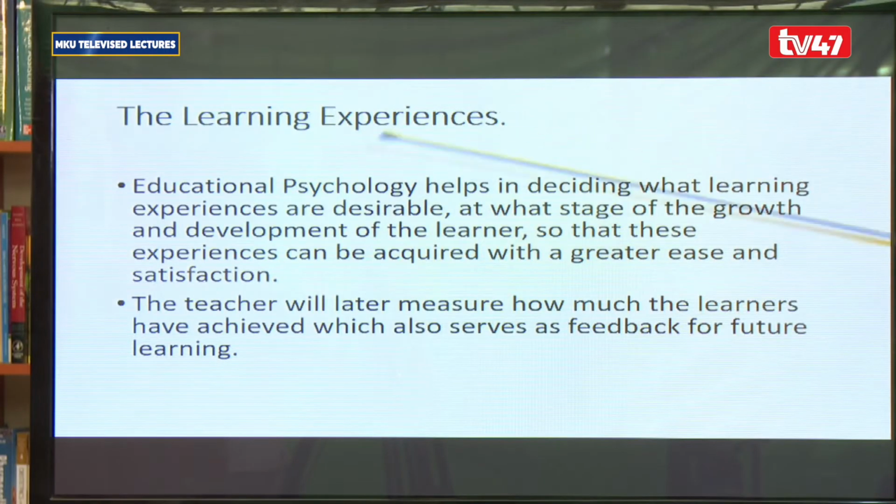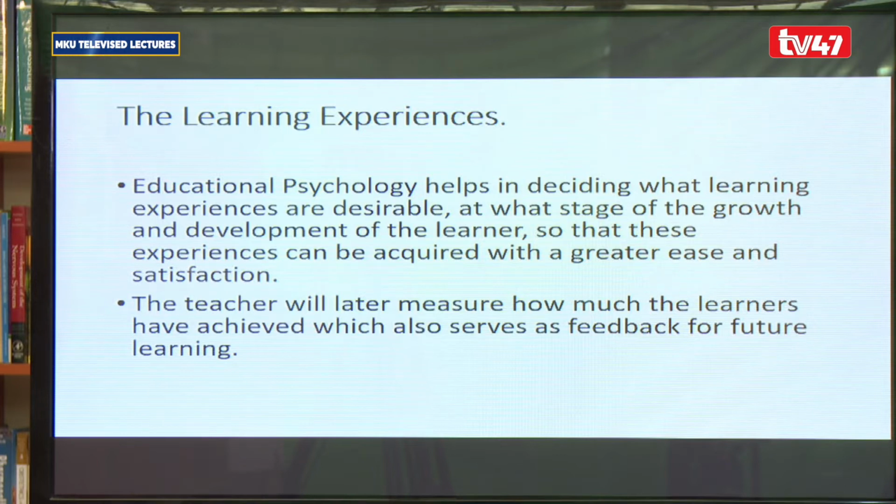The other scope is what we refer to as the learning experiences. Make sure that as a teacher, you measure whatever the learners have learned. Don't leave a class before you give an assignment. Or maybe in the last 5 minutes of the lesson, use what we call the question and answer method. That way, you can tell, have they got anything, or what am I supposed to do when I meet them during my next lesson?